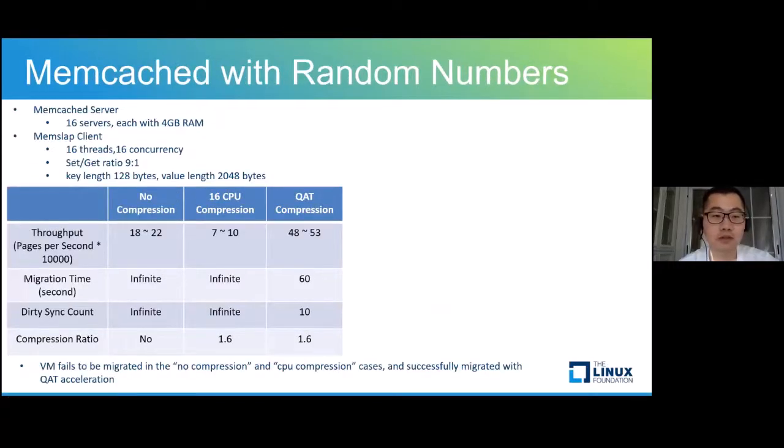For the third test, we set up the Memcached environment using this. Basically, it's a Memcached client called Memslap client, and it writes random numbers to the Memcached memory pages. The random number is much more difficult to compress than the previous data pattern. We can see from the compression ratio here, it's only 1.6. But the QAT compression case still has an advantage over those two cases.